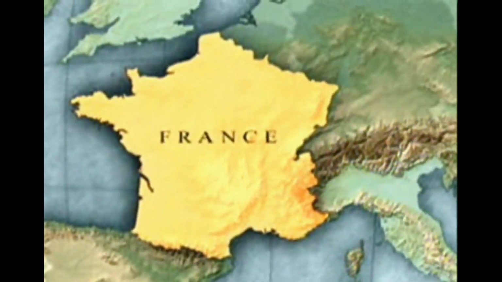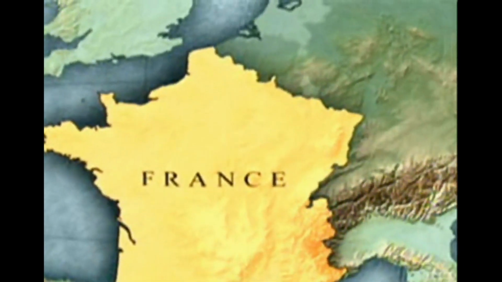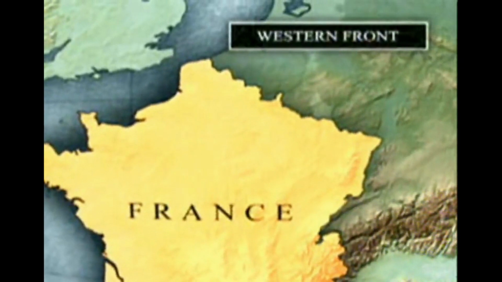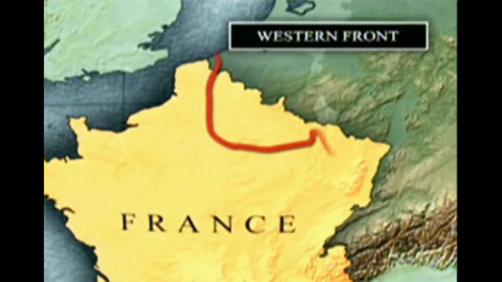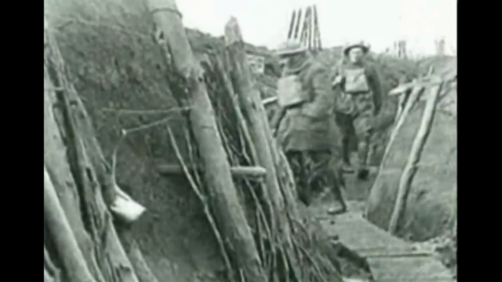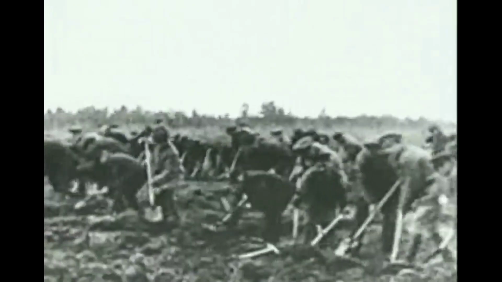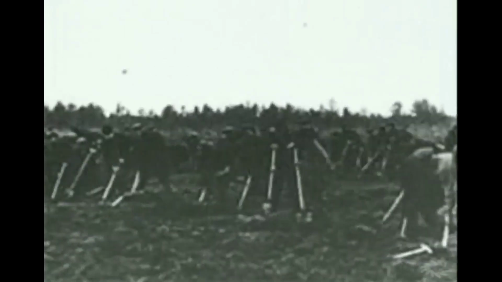Despite all the carnage, the battle lines remained almost stationary in France. The Western Front, as it was known, was defined by 2 lines of trenches, zigzagging across northern and eastern France for thousands of miles. Wide enough for 2 men to walk abreast and stand erect to fire their machine guns, the trenches were choked with mire, rats, and lice. German soldiers occupied one line, Allied soldiers the other.